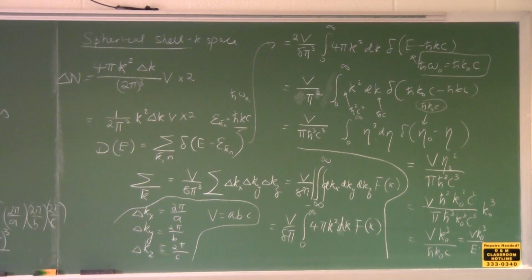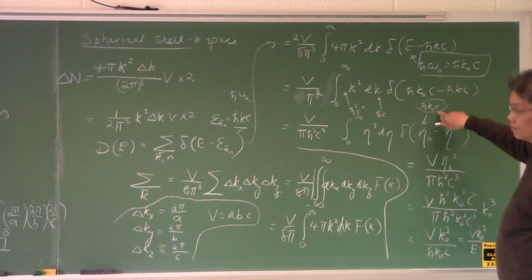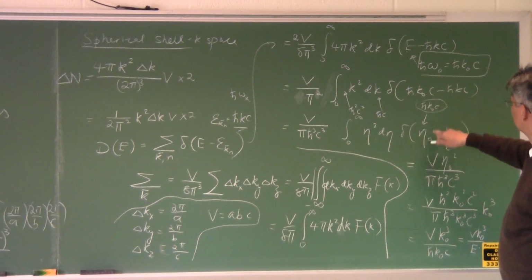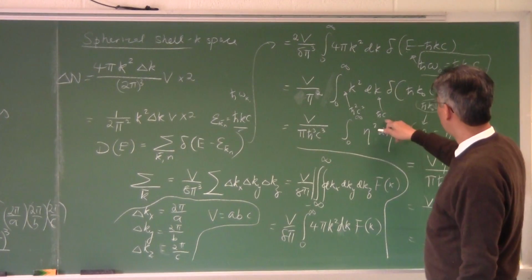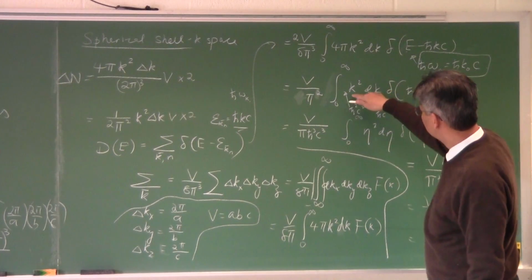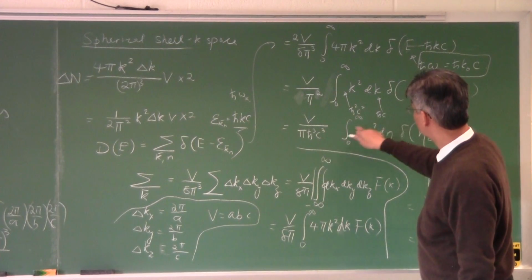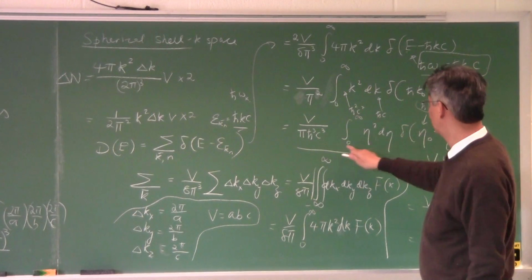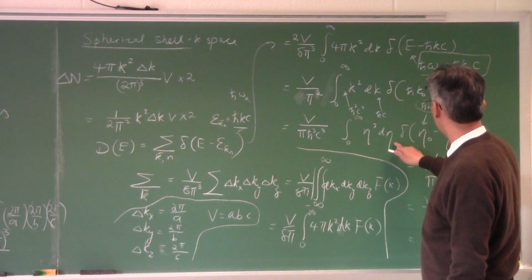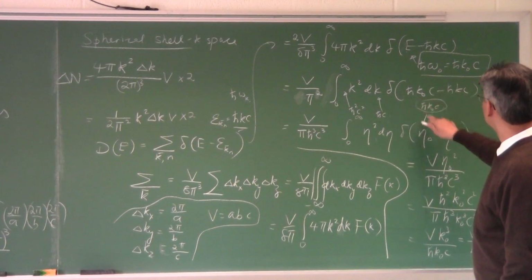How did you get the extra k naught cubed? Let me see how I get it. Eta naught is equal to this number over here, right? If I do a change of variable from here to here, I multiply this by h bar c, multiply this by h bar squared c squared, and because they are in total h bar cubed c cubed, I take it out, and then I can call this eta squared d eta, right? Then this should be eta naught eta.